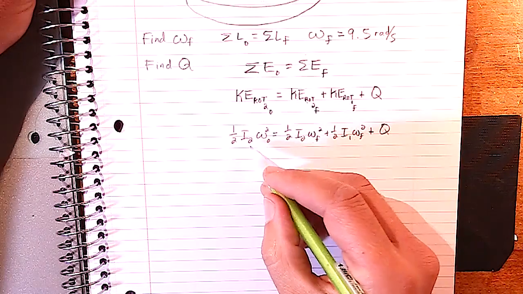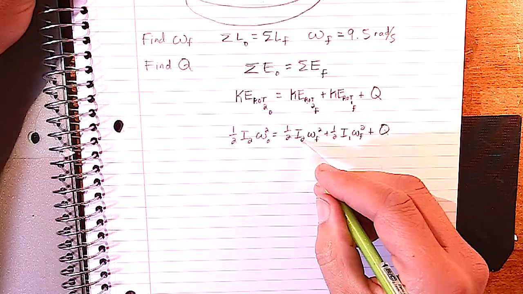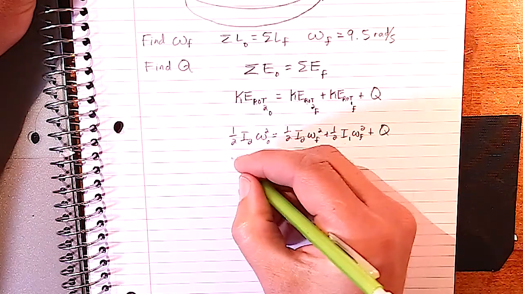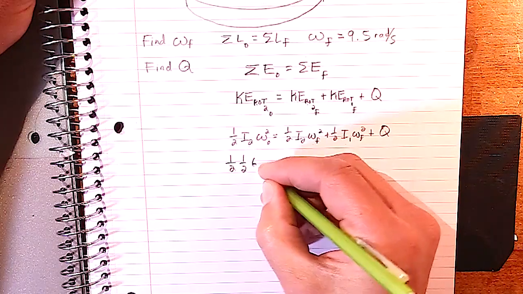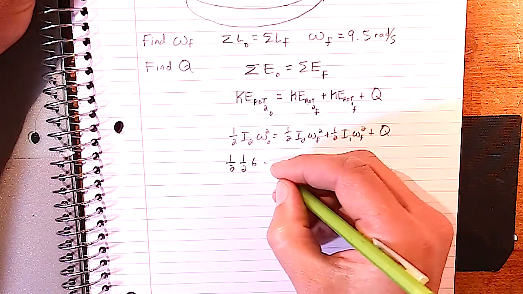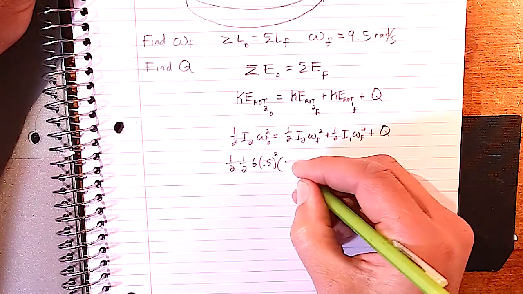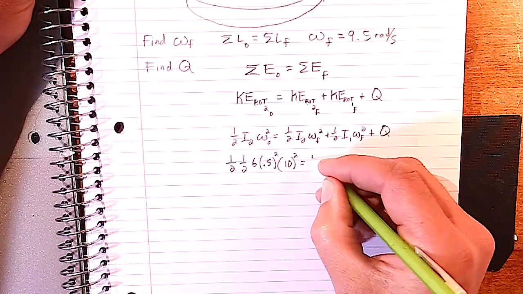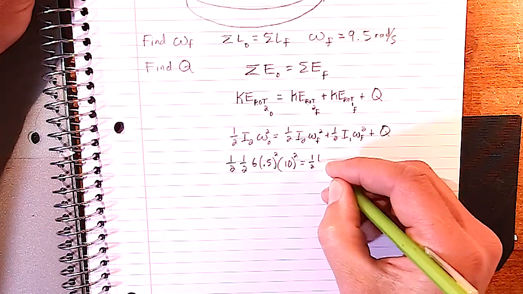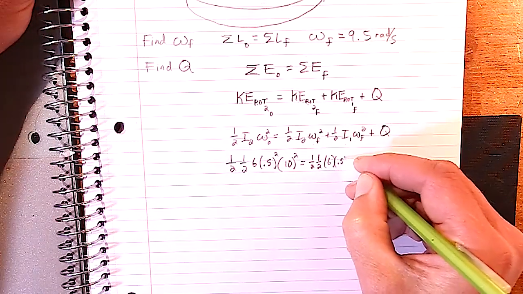So this is a solid disk, that's 1/2 mr squared, 1/2 mr squared, and 1/2 mr squared. So that becomes 1/2 times 1/2 times the mass, mr squared, that's 6, times the r, which is 0.5 squared, times the initial angular velocity, which was 10. Then we have the disk after, so that's a 1/2, 6.5 again.